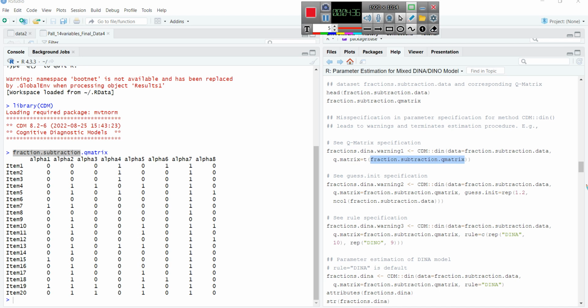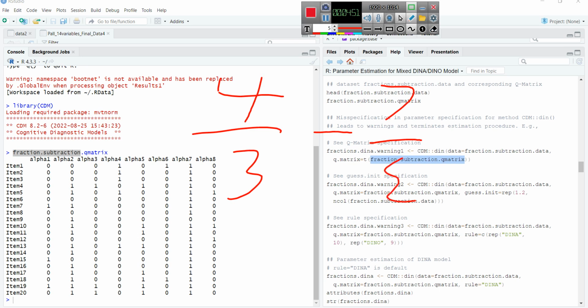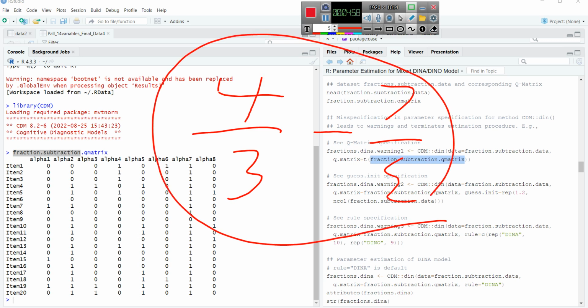For example, we may ask a student to subtract 4 over 3 from 7 over 4. This is a fraction subtraction question like that, and there may be other questions more simplified or more complicated than this one.